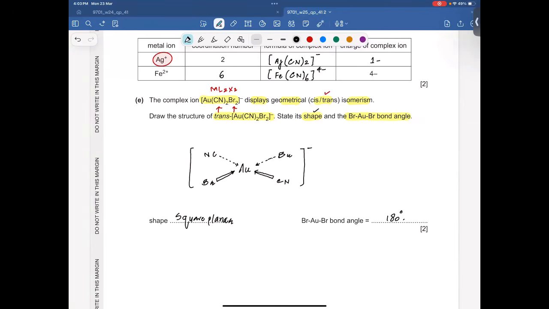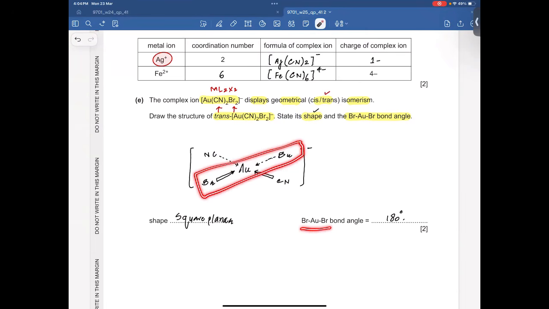We have discussed cisplatin, which was an ML2X2 case, and in that case I told you two angles, 90 degrees, which would actually be between these two ligands, but this way it will be 180 degrees. Okay, so the examiner is looking for this, which means I have to give 180 degrees.